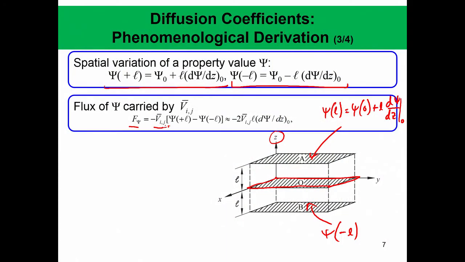So it is given by f xi is equal to minus Vij times xi plus L minus xi minus L. Basically the flux of xi is nothing but the difference of this property between these two planes, carried over by the mean molecular velocity mean Vij.